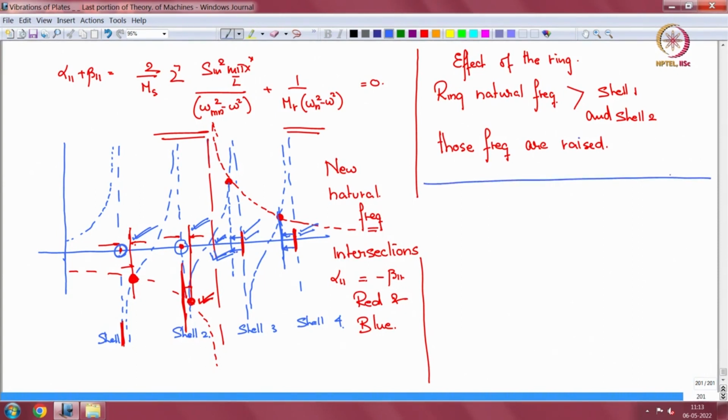Now a little bit more insight. Suppose the change from the original omega mn to omega k is small. Then at omega k, the 1 over omega mn square minus omega k square alone dominates.